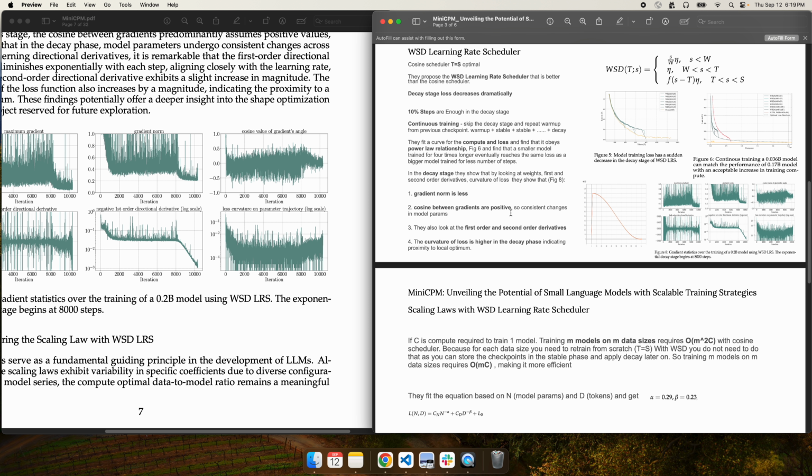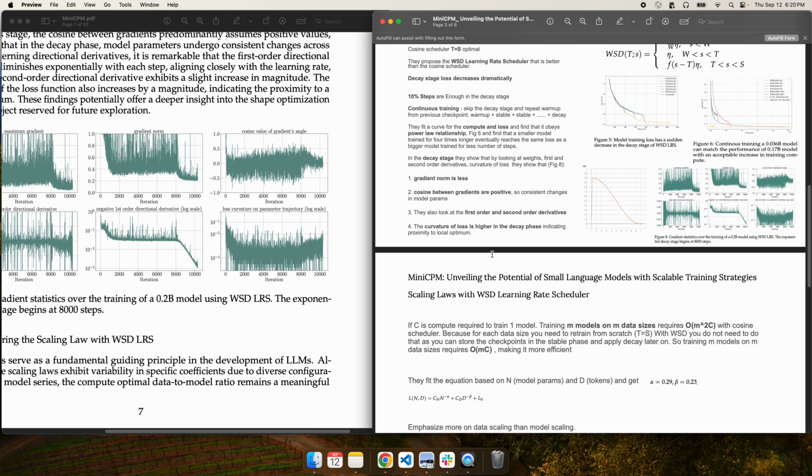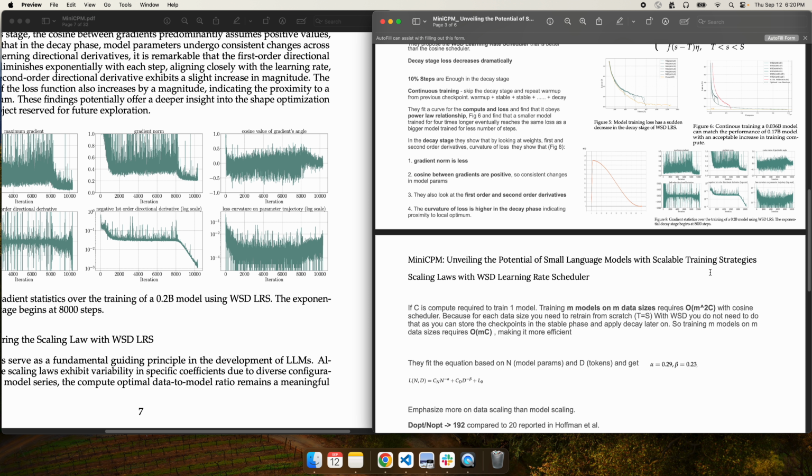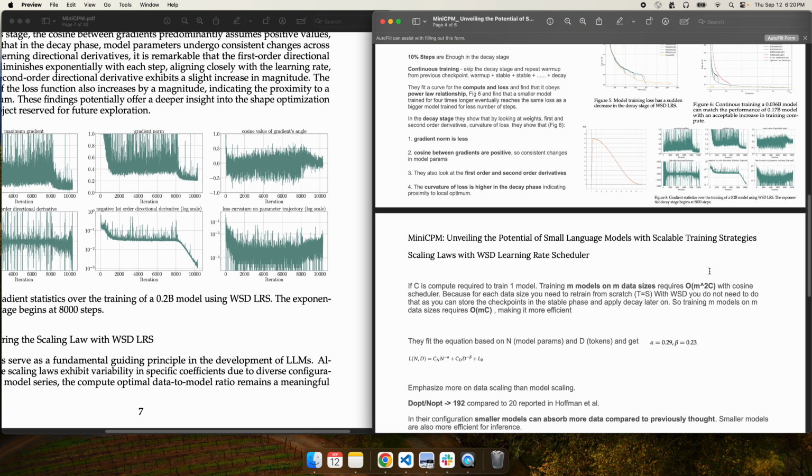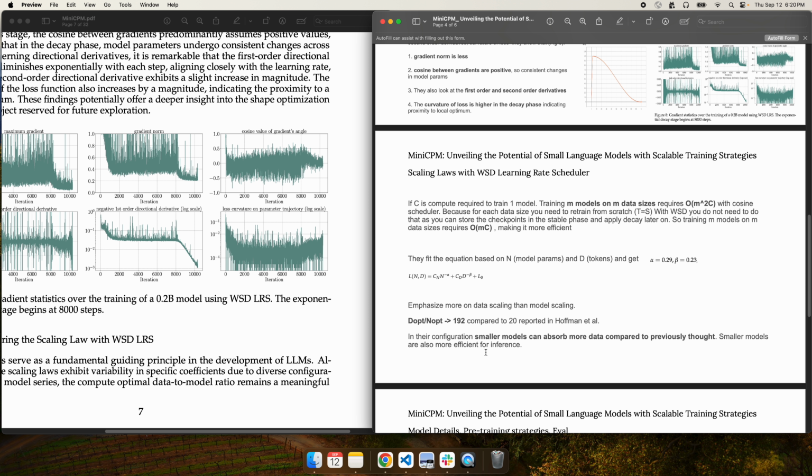Now, because of these multiple stable stages, you can basically have just one training iteration and save multiple checkpoints and apply the decay stage to each checkpoint differently to get the model trained on different numbers of tokens, right? So you don't have to start off from scratch as with the cosine scheduler. So that's one of the advantages of using the WSD learning rate scheduler.